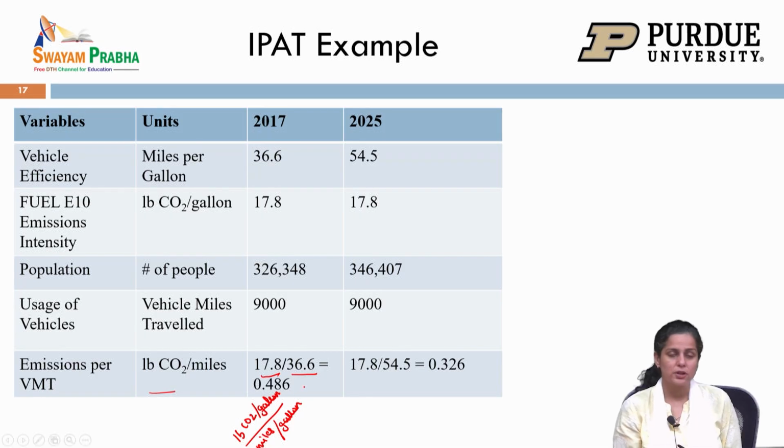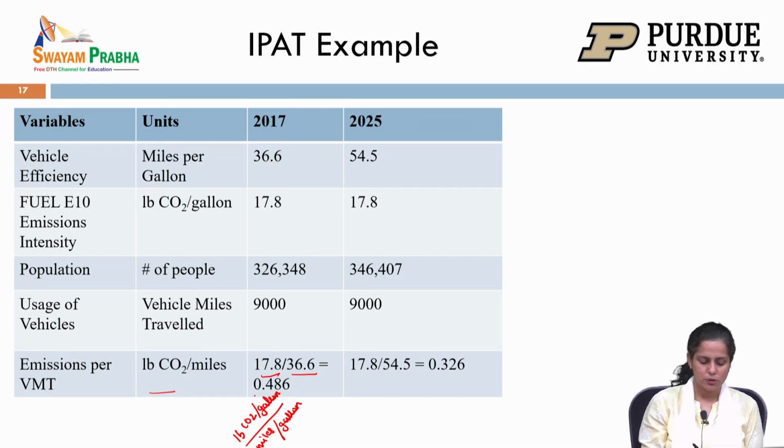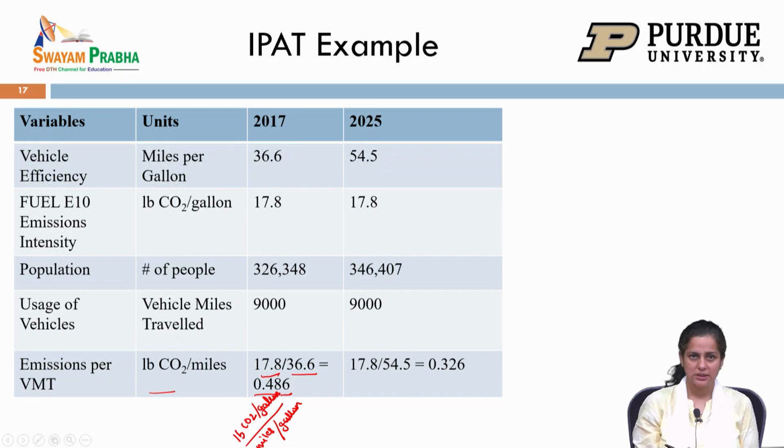So emissions per vehicle mile traveled is 0.486 in 2017, and it is 17.8 divided by 54.5, equal to 0.326 pounds of CO2 per mile in 2025.